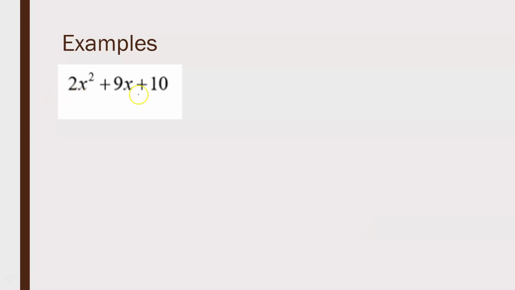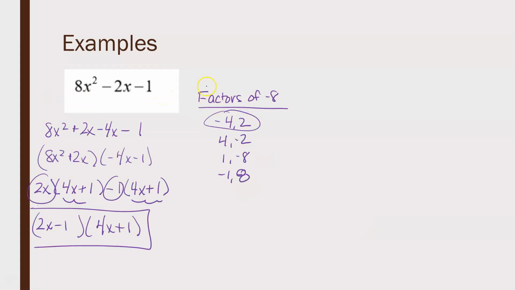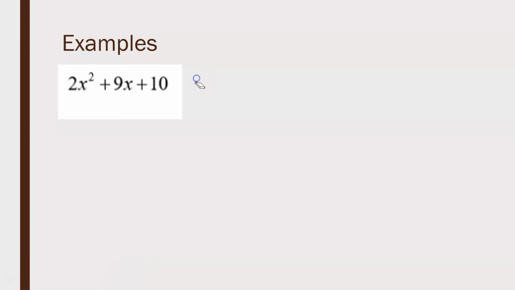All right, let's take 2 times 10, factors of 20. So I have 1 and 20, 4 and 5, 2 and 10. So we're going to go with this 4 and 5.